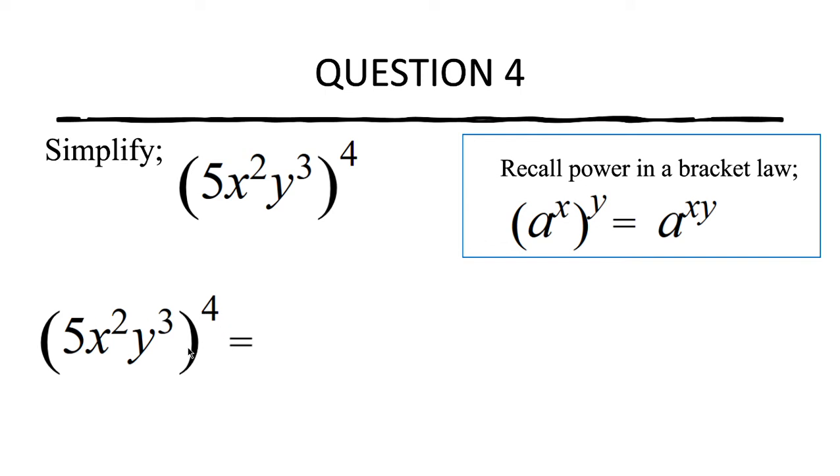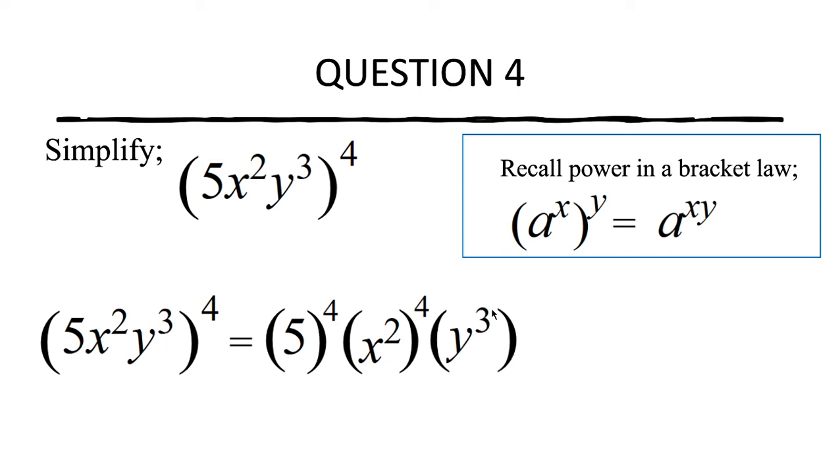But first and first, I want to expand this question. So this is the same thing as saying 5 to the power 4 times s squared to the power 4 times y cubed to the power 4.